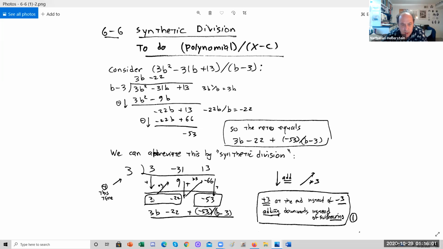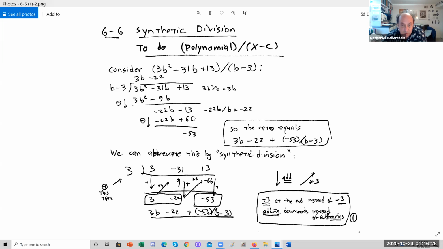So bring down the 3, same as this 3 here. And 3 times 3 is 9. Here it's a negative 9, here it's a positive 9. Here we subtract, here we add. Negative 31 plus 9 is a negative 22, same as this negative 22 here. Then we multiply the negative 22 by 3, you get a negative 66.